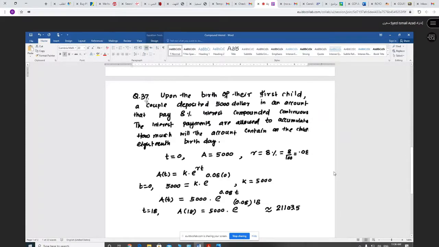What he is saying is that a couple had a child, and at the birth of the child, they put $5,000 in the account, which pays 8% compound interest, compounded continuously.